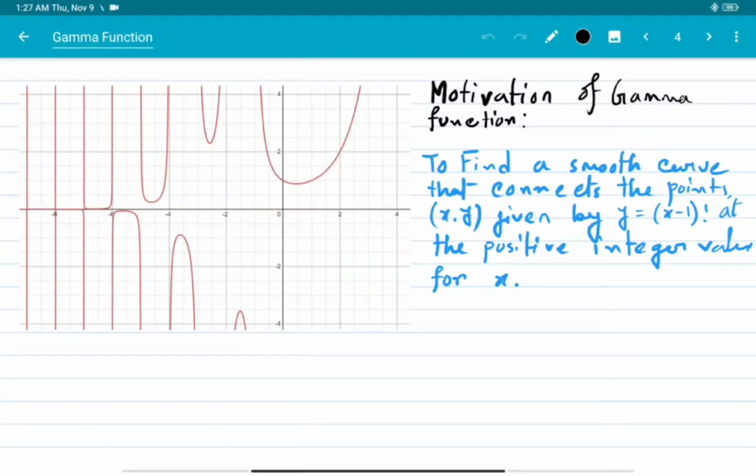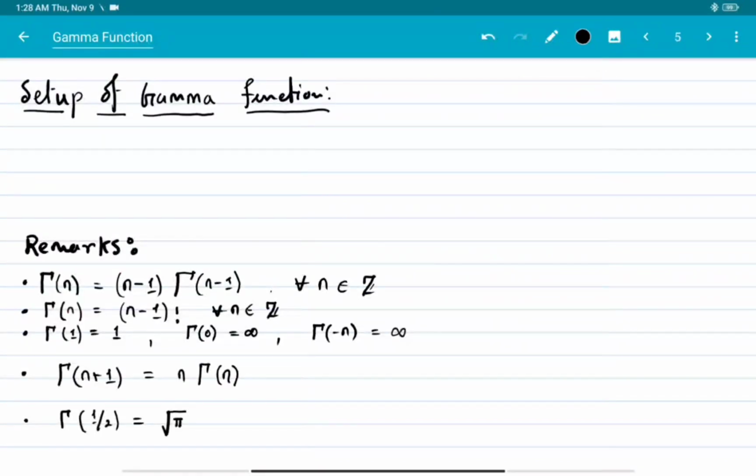The last session we discussed the gamma function and ended with the motivation of the gamma function. Today I want to discuss some problems associated with gamma functions. So let us quickly revise the setup.